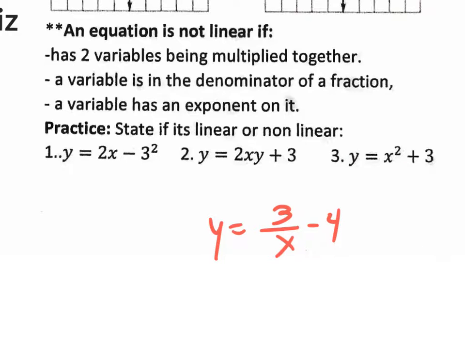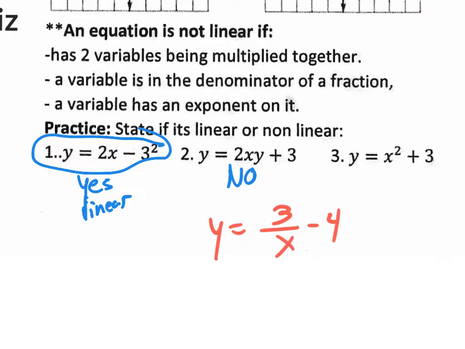So going through this, number 1, this is a linear equation. Yes, it will produce a line. Linear. Number 2, no, it's not linear. Why is number 2 not linear? Because it has xy, x times y. 2 variables cannot be multiplied together.